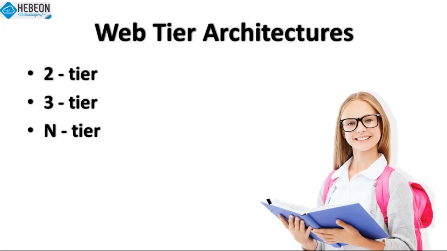When we are developing web applications like a Facebook application, a Gmail application, an employee management system application, a library management system application, generally these web applications, because they are a combination of too many technologies, we can segregate into different tiers like 2 tier, 3 tier, n tier. So what are these things? Let's try to understand.